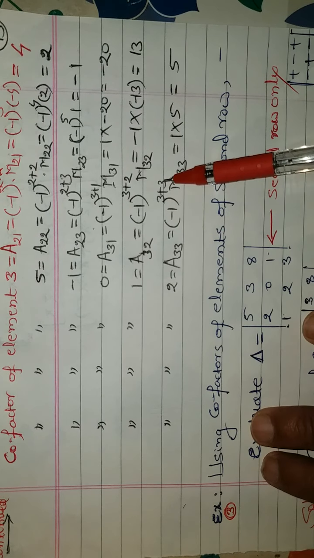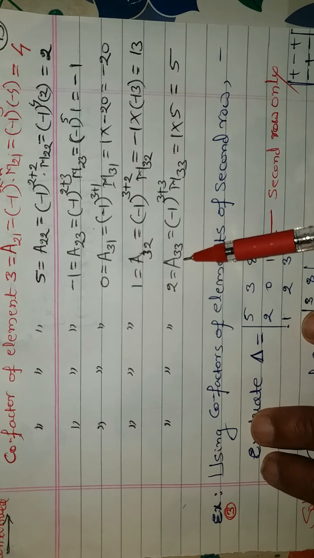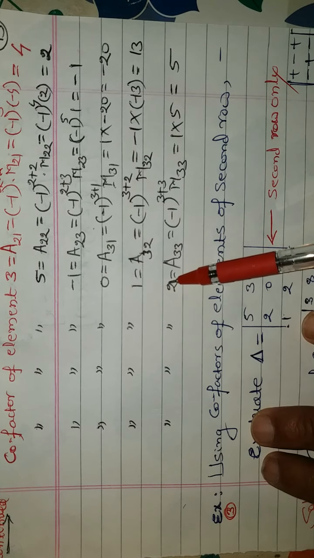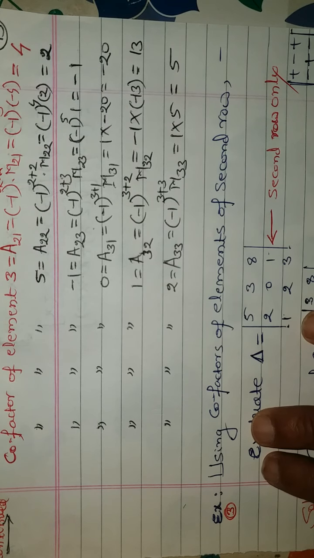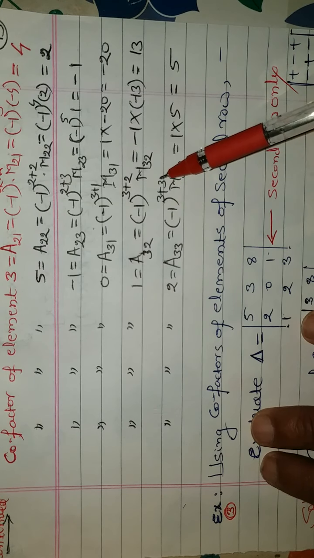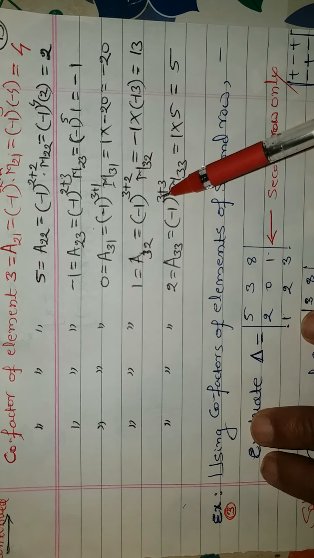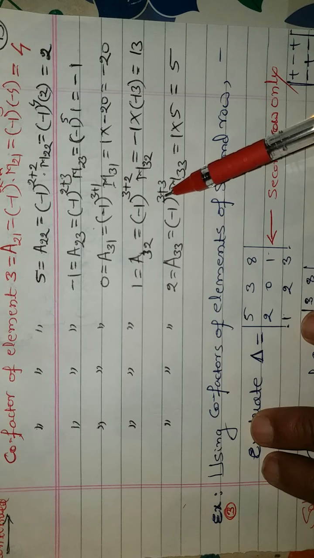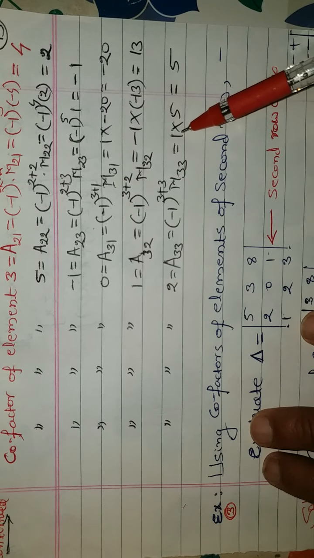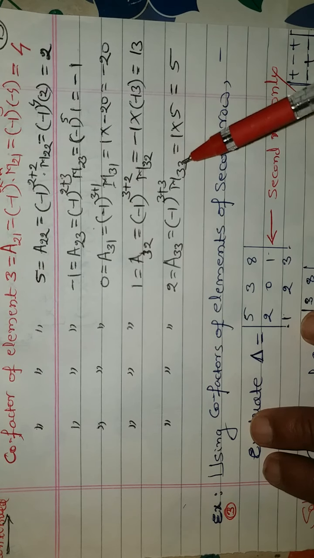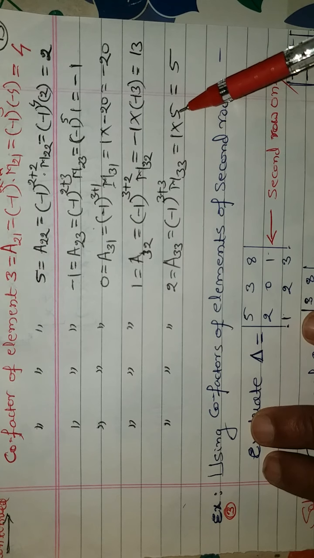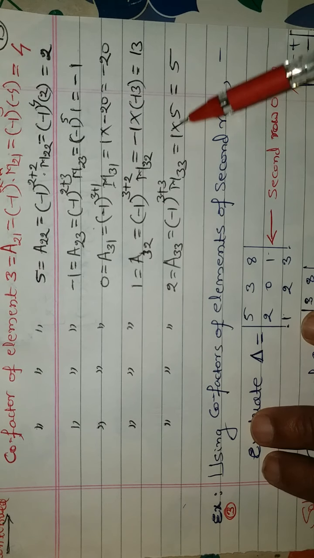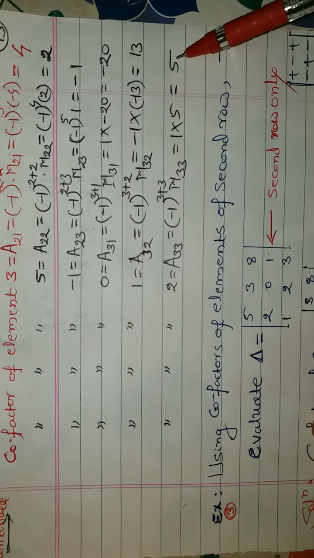Why should we write 3 plus 3 here? Because A33 means the element 2 in the question lies in the third row, third column. Therefore minus 1 to the power of 6 is always 1. Its minor is 5. Multiply 1 into 5 gives plus 5.